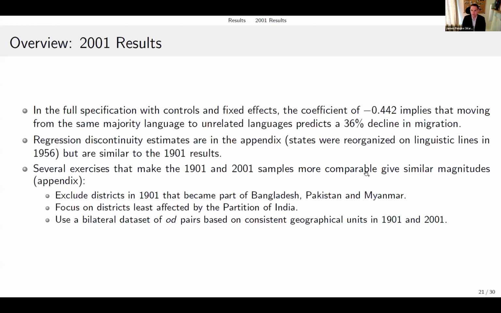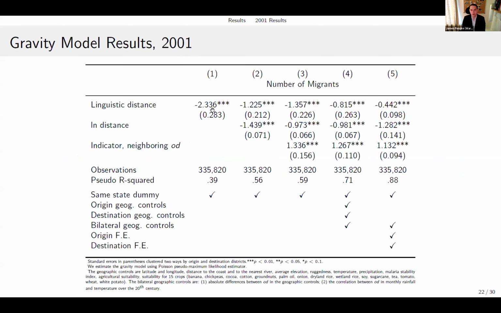The table's organized in the same way. You start off with no controls, you add a control for distance, you add an indicator for whether they're dummies, you add more measures of geography or geographic dissimilarity, and you add dummies for whether origin and destination are in the same state now, not province. There's more states today, and you can see we've got a lot more observations because we've got the pairwise matrix mostly of origins and destinations.